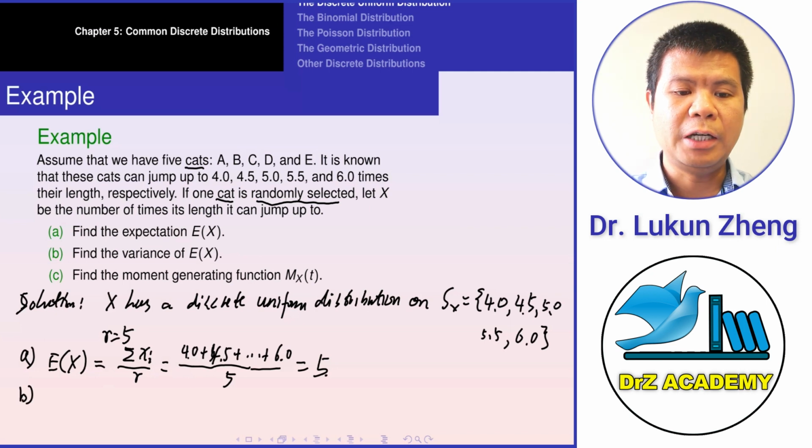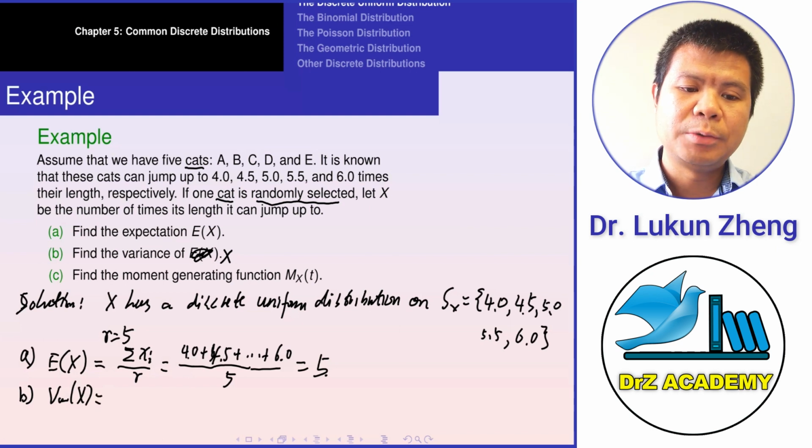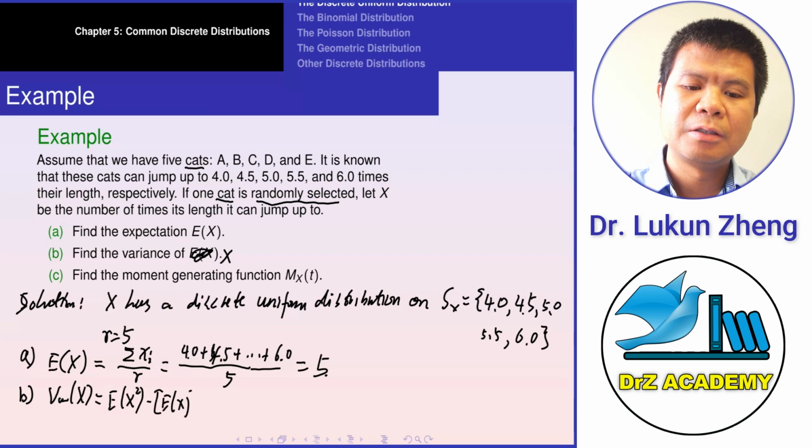And we also have the variance. The variance of x equals, as we know, the expectation of x squared minus the square of the expectation.